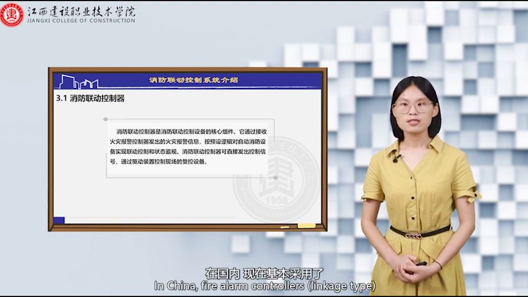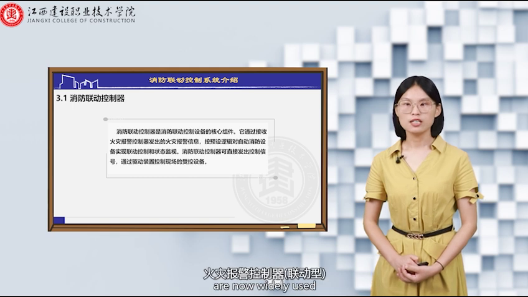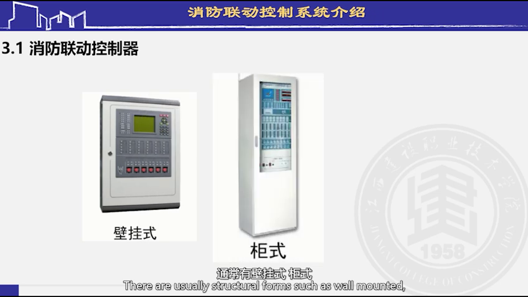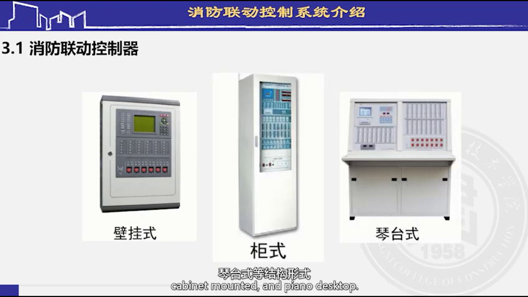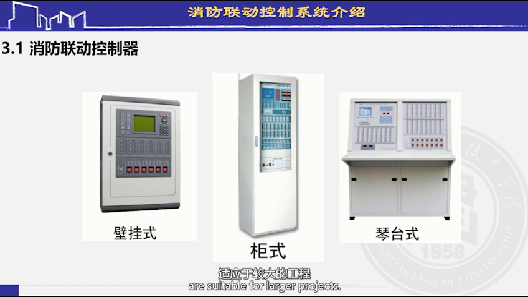In China, fire alarm controllers, linkage type, are now widely used as the fire linkage method. There are usually structural forms such as wall-mounted, cabinet-mounted, and piano desktop. Wall-mounted systems are suitable for small-point systems, while cabinet-mounted and piano desktop systems are suitable for larger projects.